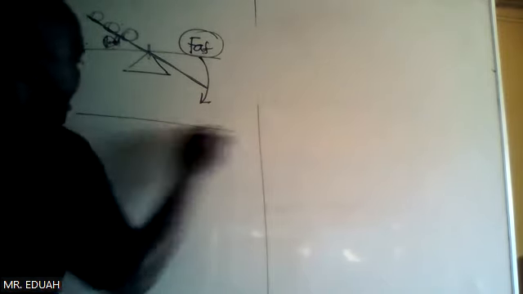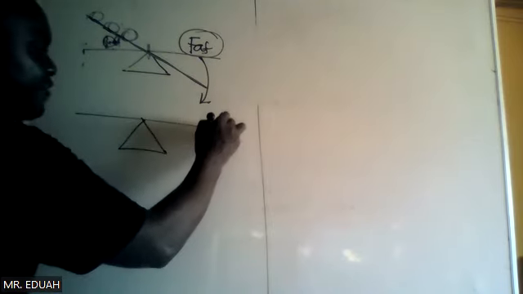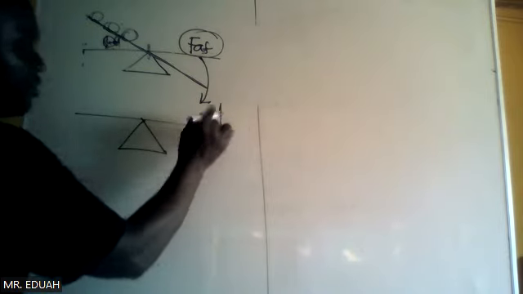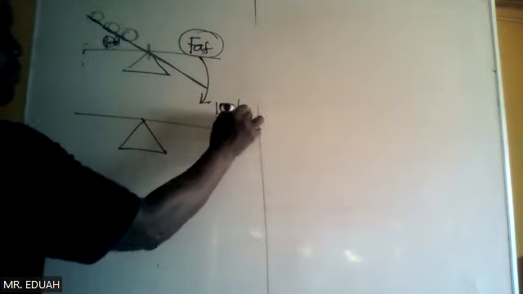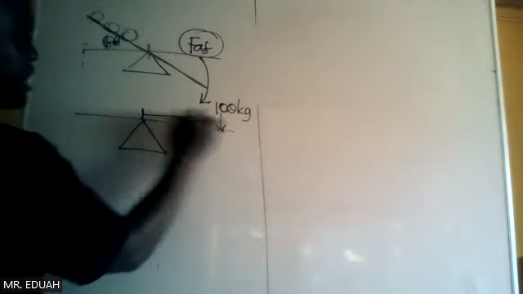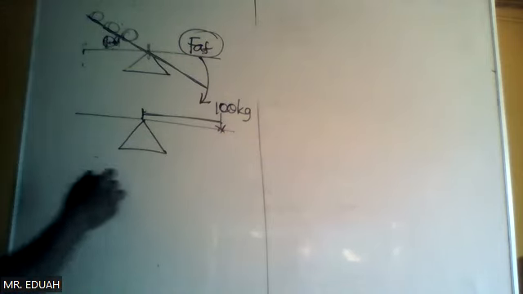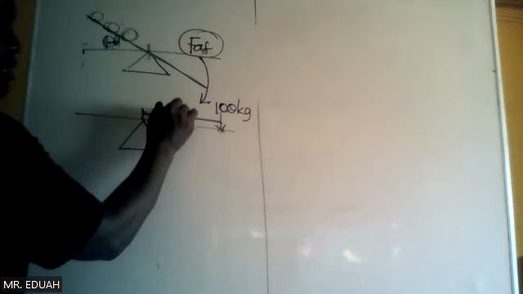A typical application of what I'm telling you is this. I have this arrangement. We have a mass of 100 kilogram sitting at a perpendicular distance of maybe 1 meter.